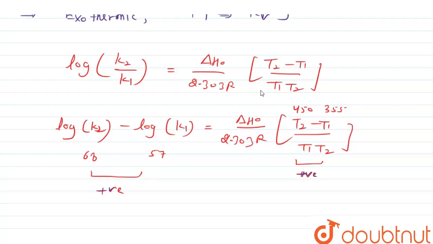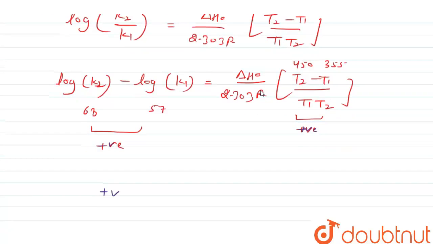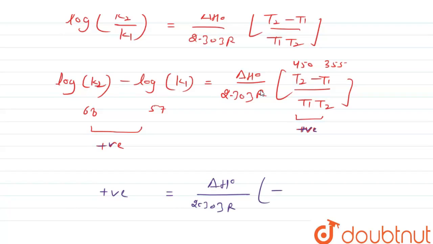We are subtracting a lower number from a higher number, that's why both come out positive. So here we have a positive number, and delta H naught divided by 2.303 R, and this number is also positive.